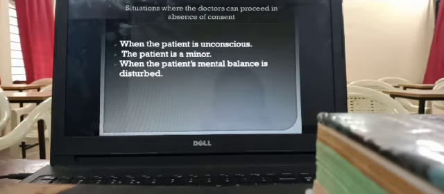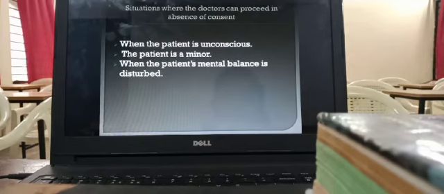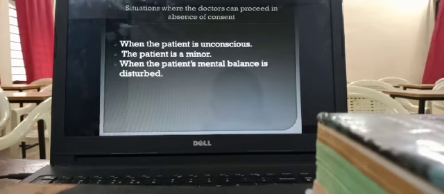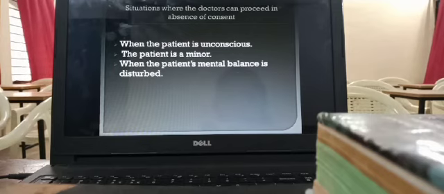But if the patient is a minor and has parents or a guardian accompanying, we can obtain the consent from the parents or the guardians. Also when the patient's mental balance is disturbed, usually this denotes patients with mental retardation and other mental imbalance or illness. These are the situations where the doctors can proceed without a consent.